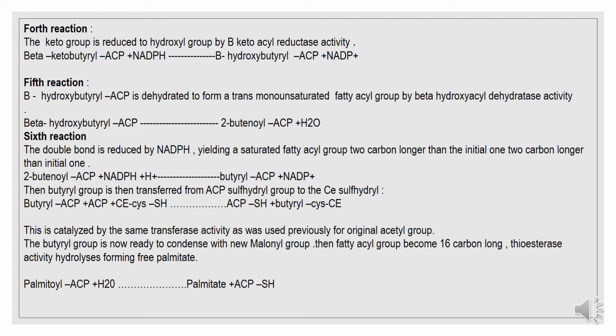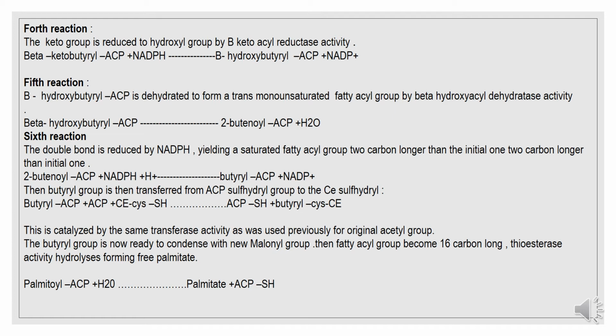Beta-hydroxybutyryl ACP is dehydrated to form a trans-monounsaturated fatty acyl group by the dehydratase activity. So beta-hydroxybutyryl ACP gives 2-butenoyl ACP plus H2O.